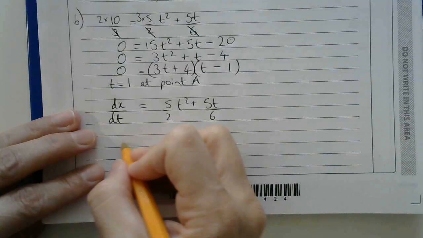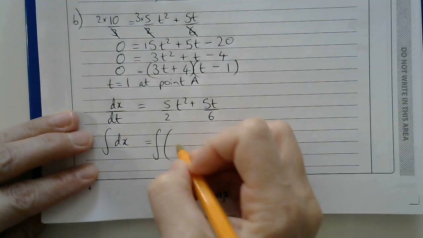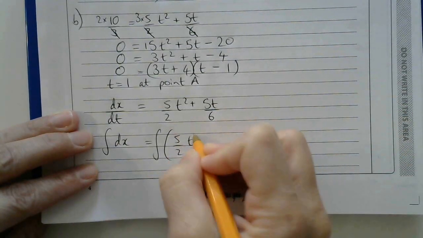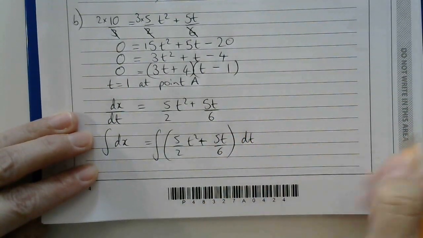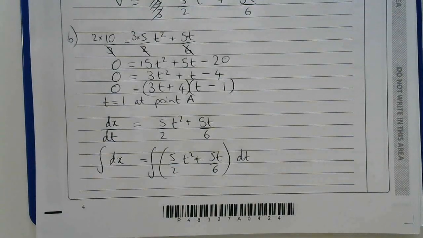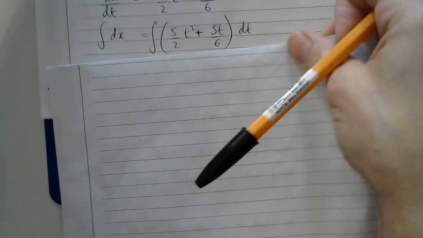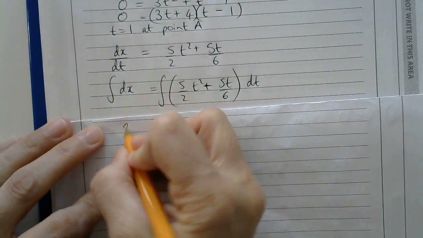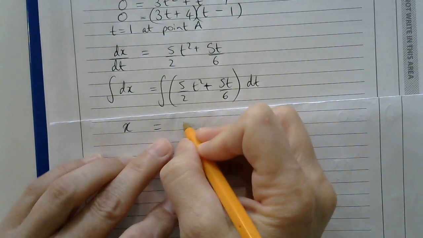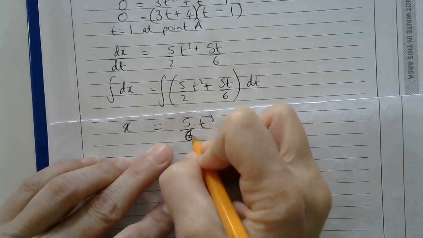And now I can separate and integrate, so I will have the integral of dx equals the integral of 5 over 2 t squared plus 5t over 6 integrated with respect to t, and doing that integral, then on the left hand side I get x, and on the right hand side I get 5 over 2 t cubed divided by 3, so this 2 will become a 2 times 3.